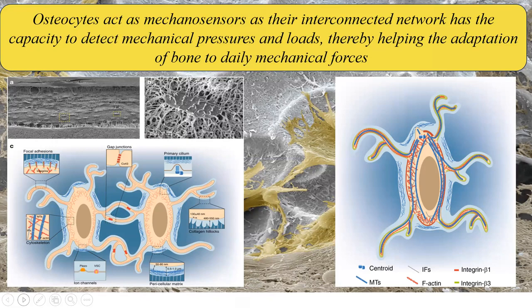They act as mechanosensors through their interconnected network. These dendritic cellular structures help to interconnect with the other cells around. The network has the capacity to detect mechanical pressures and loads, thereby helping the adaptation of bone to daily mechanical forces. This is very important, and there is a lot of research going on in this aspect.